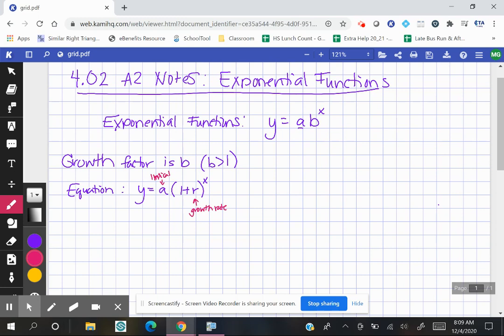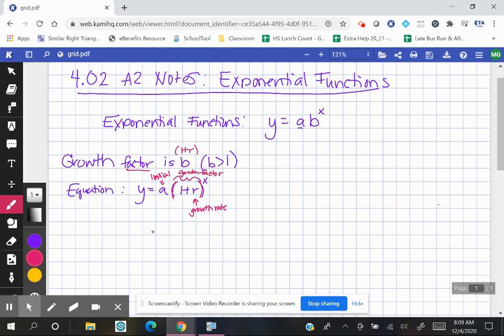Your growth factor, think of parentheses. Whenever it's in parentheses, just like we talked about our factor versus our zero value, our growth factor is this whole thing right here, which is your b.